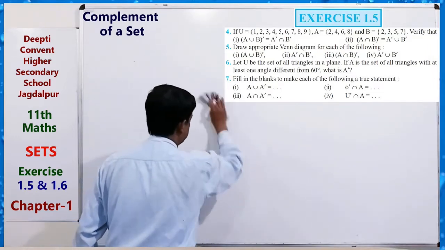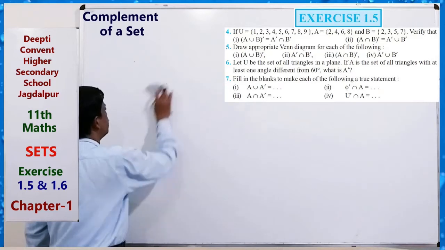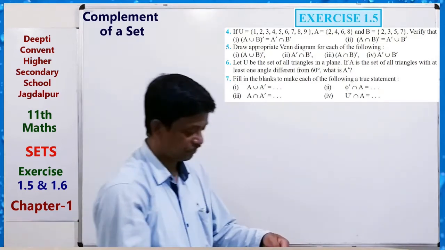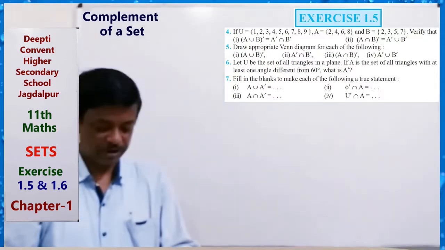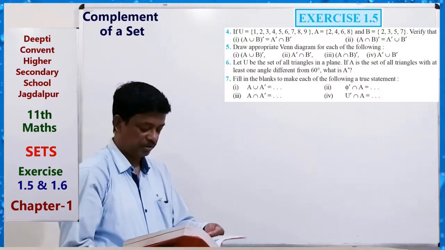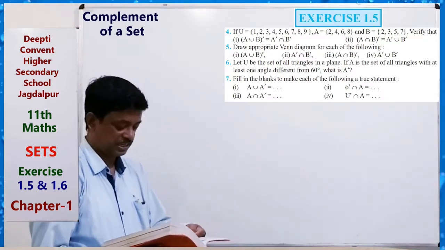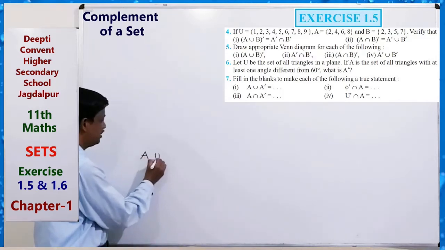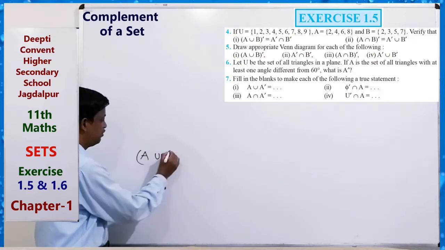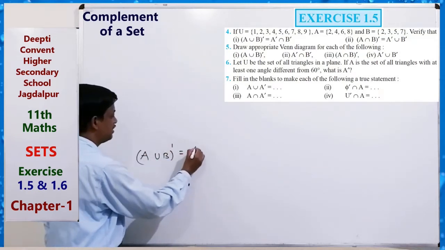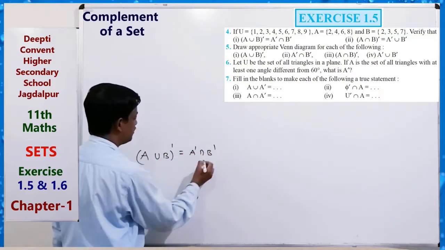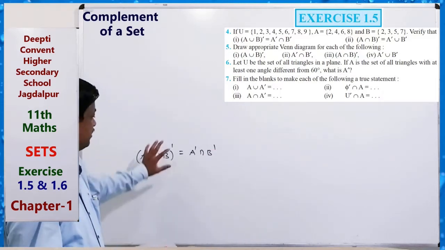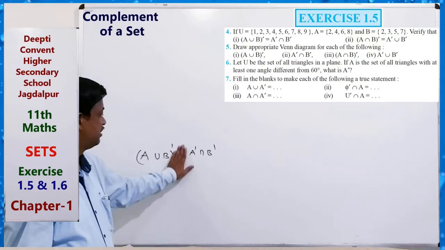Question 5. Okay. Question 5 is what? Draw appropriate Venn diagram for each of the following. (A union B) dash. Here also we see (A union B) dash equals A dash intersection B dash, we know. So first is what? (A union B) dash. Find this.